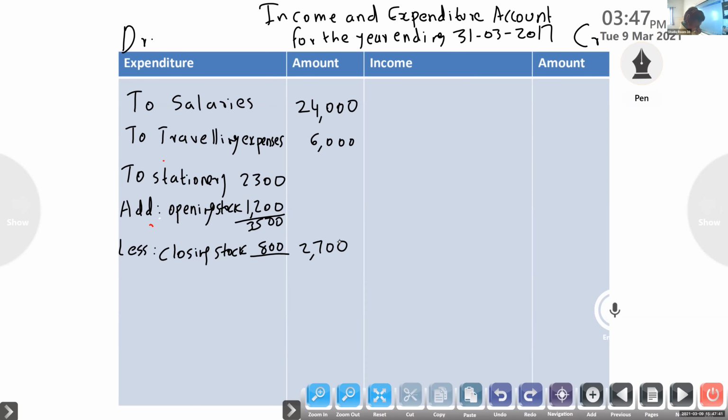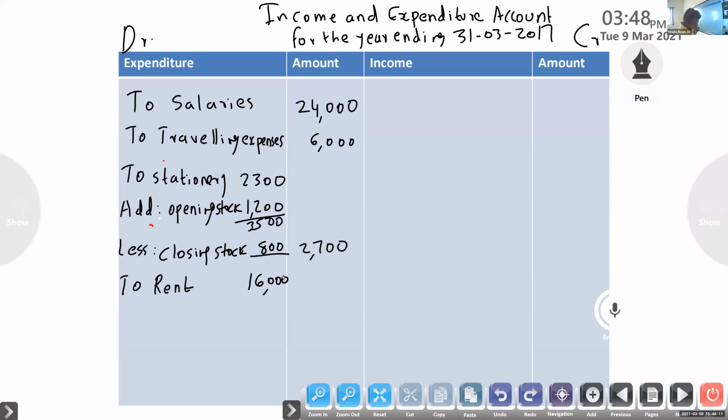You have to look for any adjustment. Outstanding rent. Outstanding is there, end also, opening also.